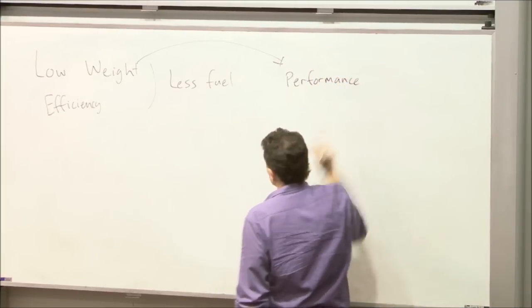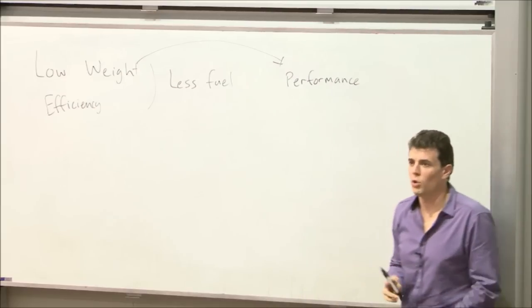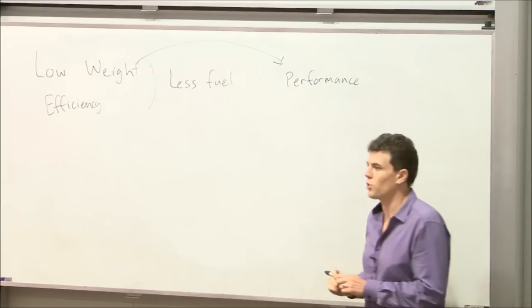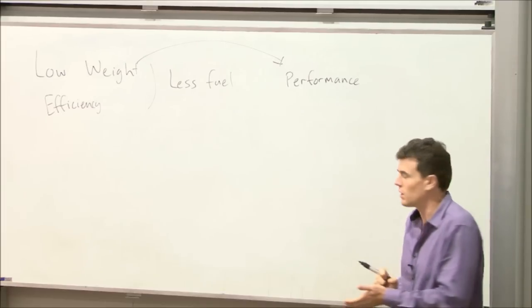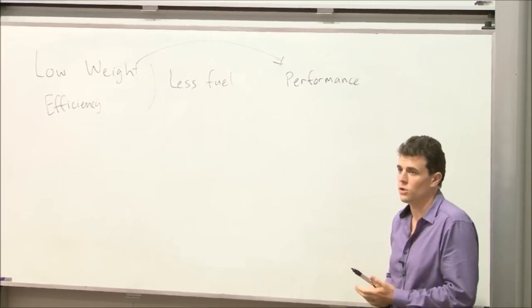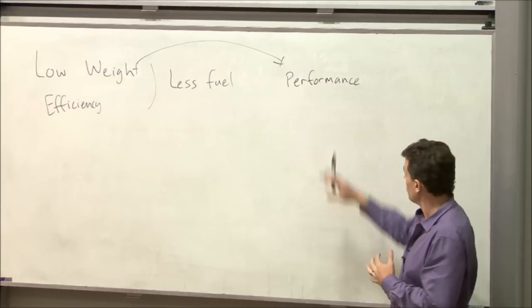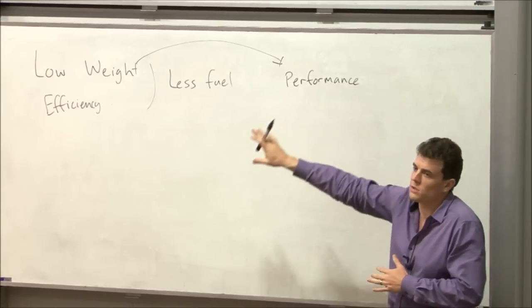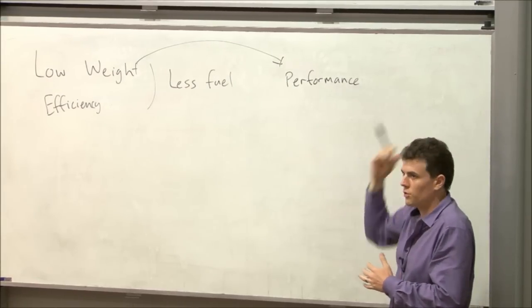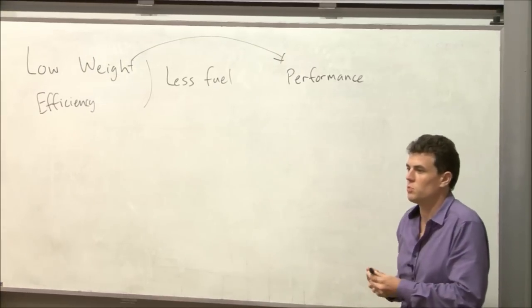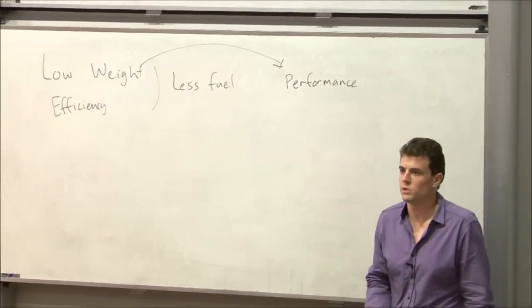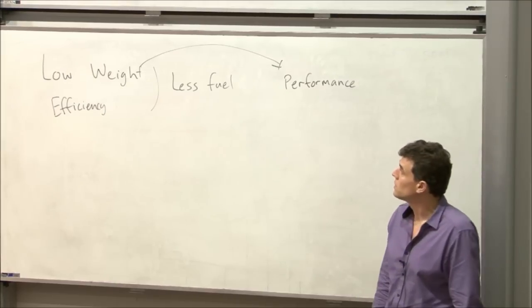If our aircraft isn't designed to be a commercial vehicle where we're transporting people or goods from one place to another, if it's a military vehicle or if it's an acrobatic vehicle, for instance, low weight can contribute to the performance. So often the metric for our vehicle is not how much fuel it burns, but how well it can perform a specific task. Okay.